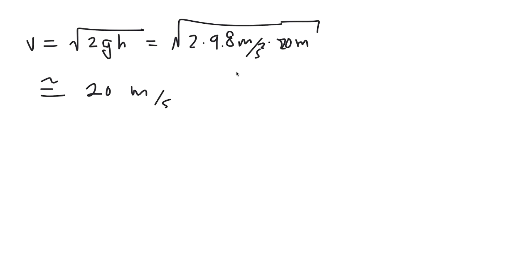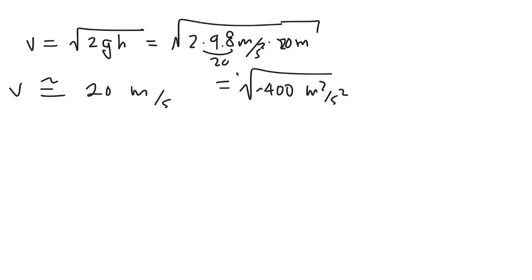So this term right here, I'm doing this in my head, is roughly 20 times 20 is 400 meters squared per second squared, roughly. So it's going to be roughly this value, and I can use a calculator to get a closer number.